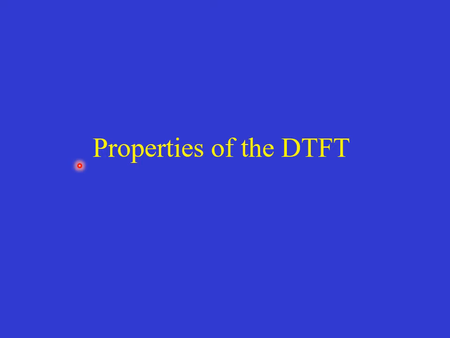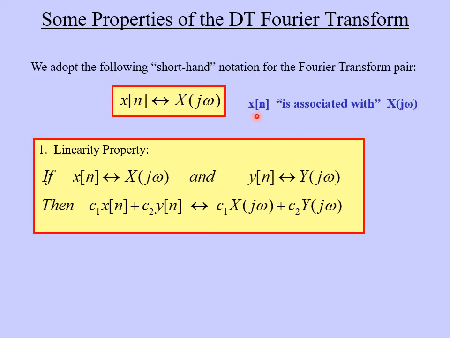Let's now turn to properties of the discrete time Fourier transform. And again, I should mention that your textbook will explain many of the properties of the DTFT. I'm only going to go over a few of the ones that are the most important for us. So the first thing is just remember the following notation.